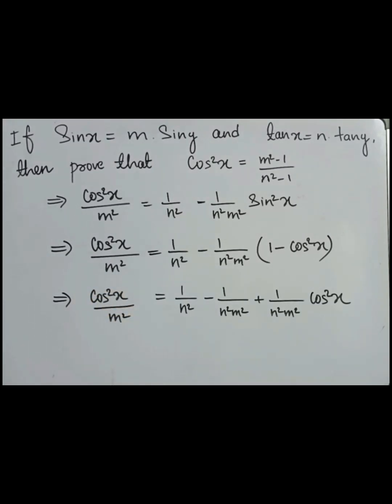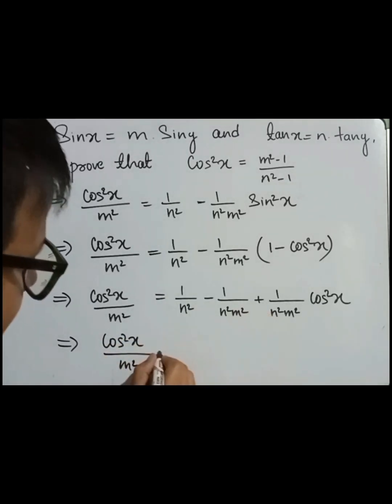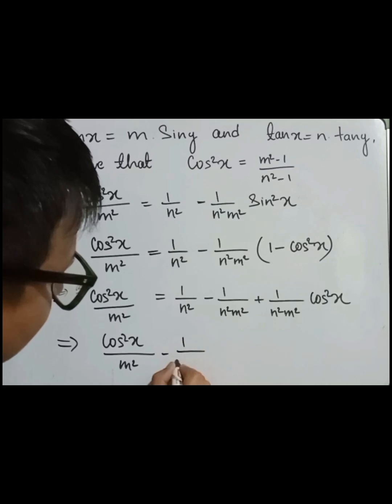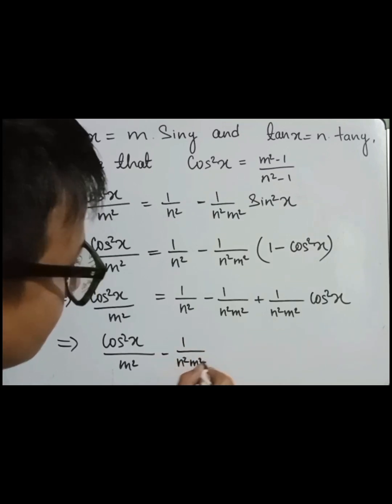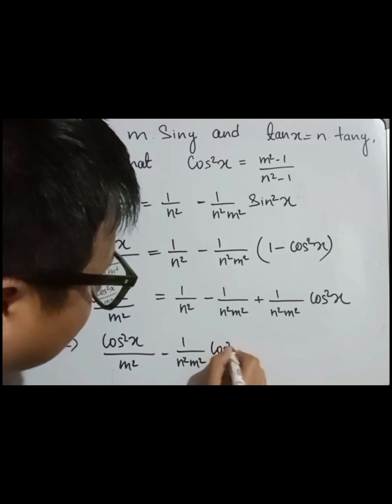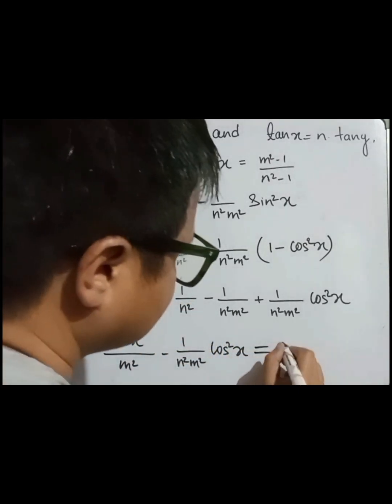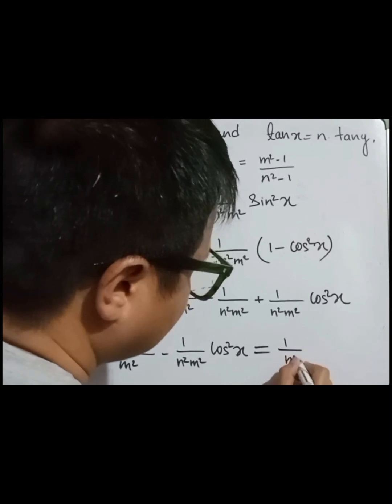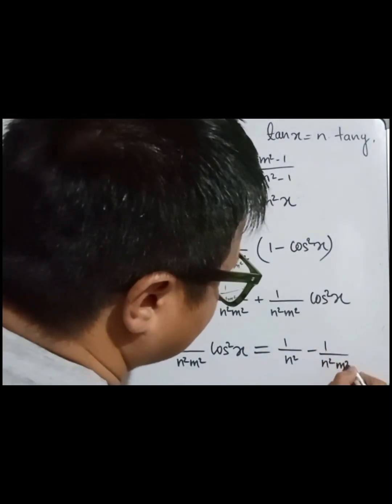Now we can bring this part to the left hand side. So in the next line it becomes cos square x upon m square minus, when it comes to left hand side it changes its sign, so it becomes minus 1 upon n square m square into cos square x. And in the right hand side we have to write this part 1 upon n square minus 1 upon n square m square.